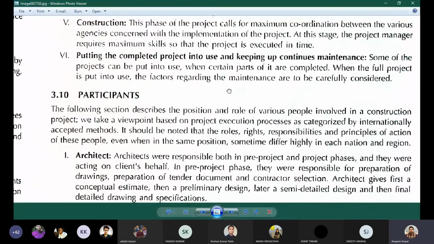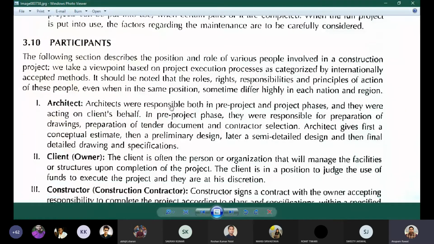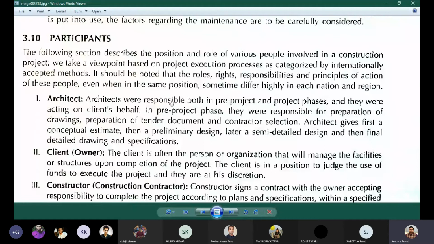Okay, now we talk about the participants. These participants are also known as the stakeholders. Sometimes in the examination it is asked to write about the stakeholders of a construction project, so the answer will be the same.